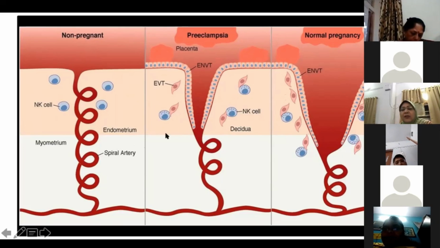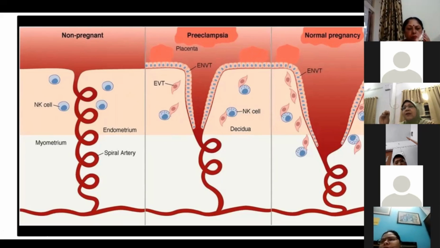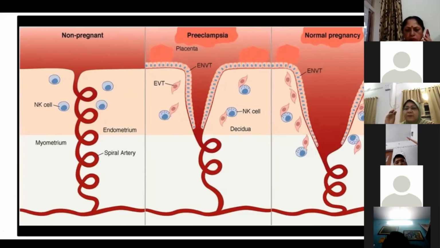The immunological reasons stop this burrowing. As a result, the vessels retain their smooth muscle cells. They will respond to any vasopressor or vasodilator. And now what will happen? There will be a hypoperfused placenta.